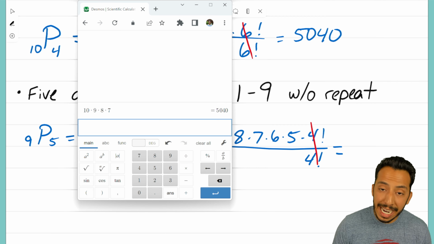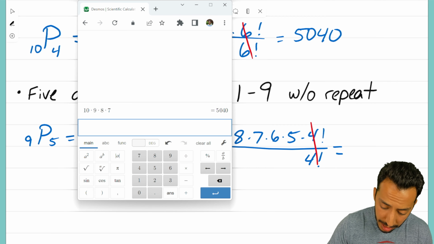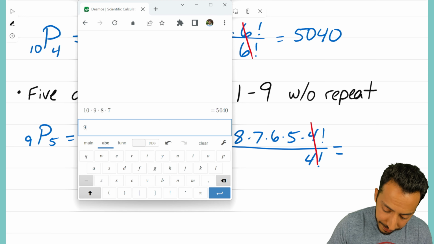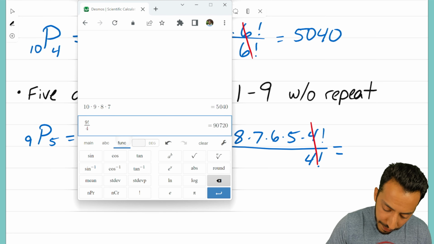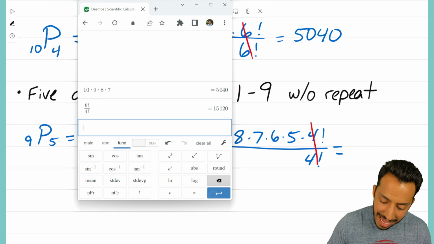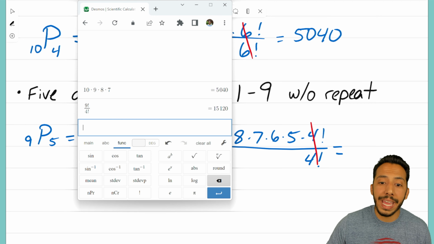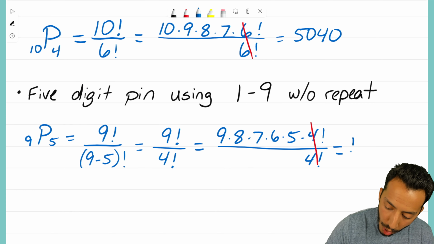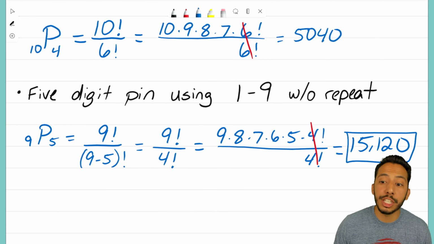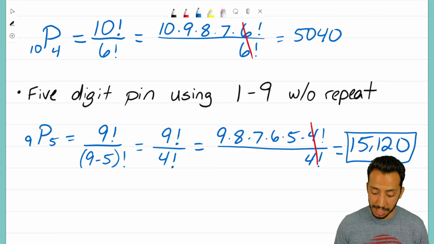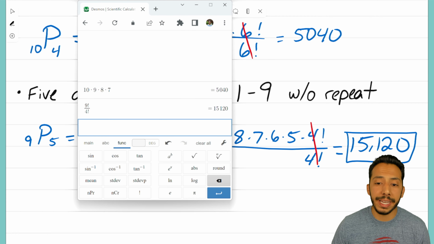So I could actually just type this in without showing my work here. I could show that I have 9 factorial divided by 4 factorial, and it ends up showing me that we have 15,120 different ways to create that 5-digit pin, all by punching it into my calculator.